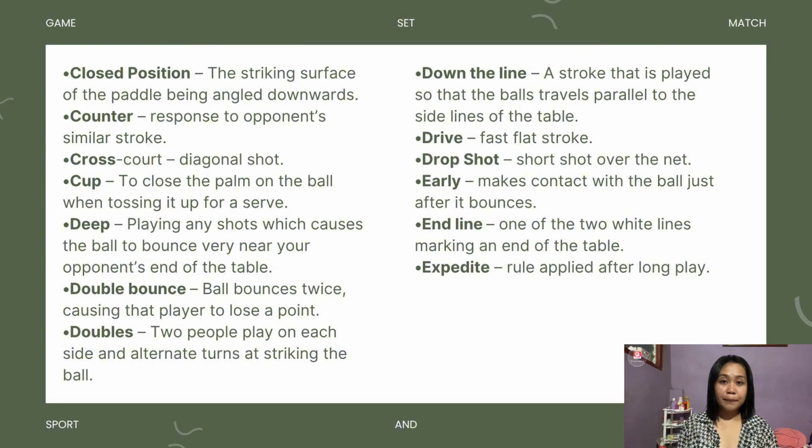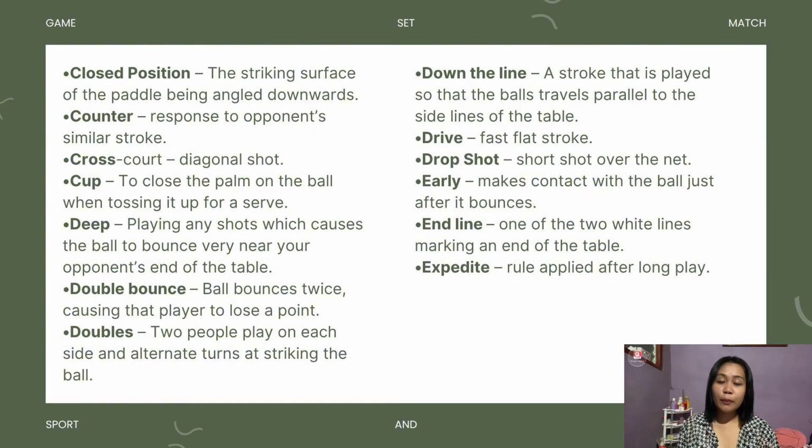And the term cup means covering or closing the palm around the ball during a serve toss, which is usually not allowed because the opponent must clearly see the ball during service. And a deep shot is a shot that lands near the opponent's end line. So this makes it difficult for the opponent to attack because the ball reaches them farther from the net.